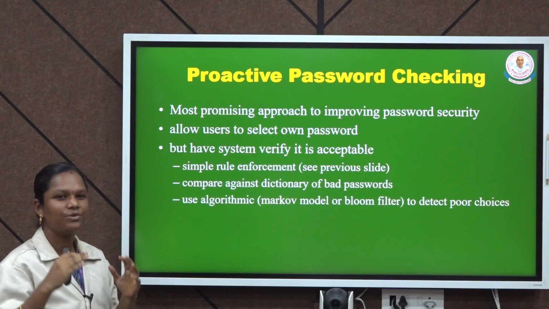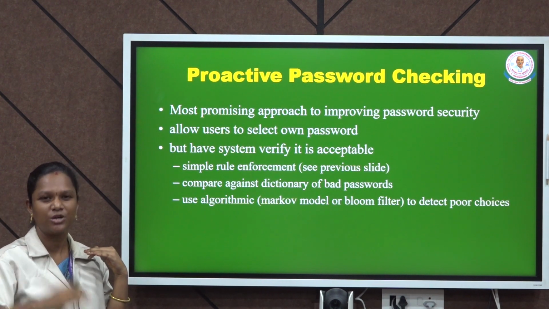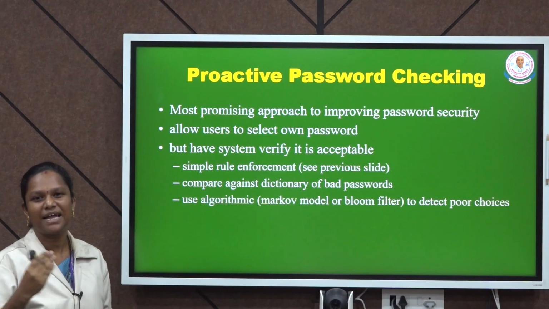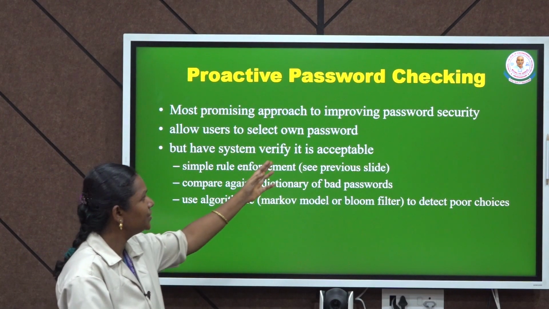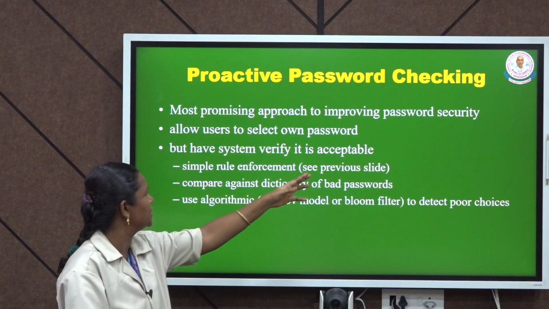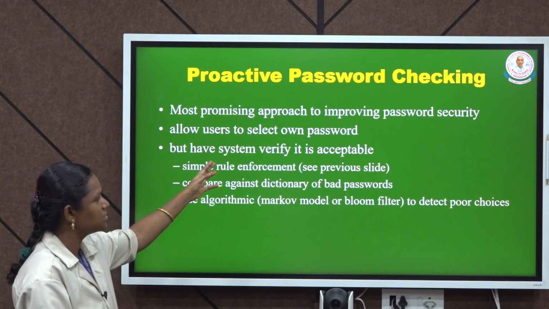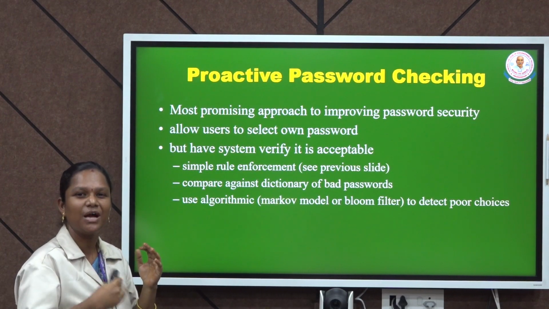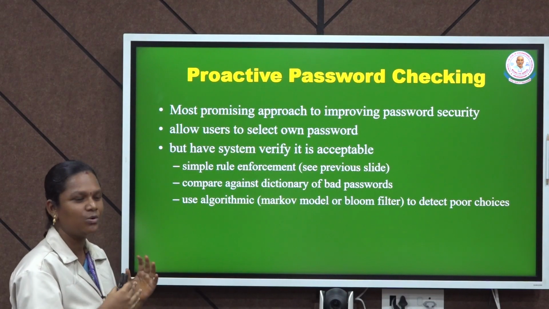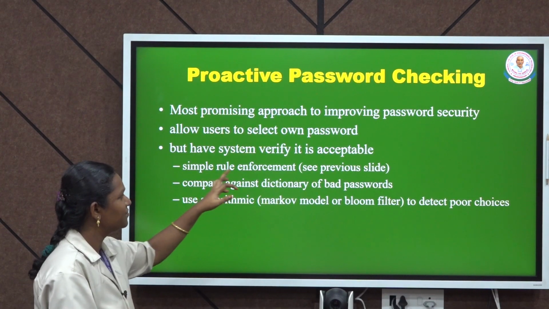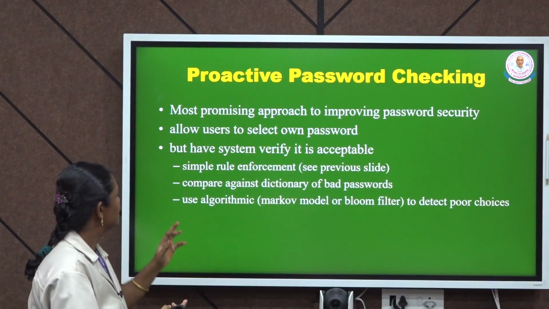Then advanced enhanced security is provided in ethical hacking. The most promising approach to improving password security is to allow users to select their own password, any type of password, but have the system verify it is acceptable.